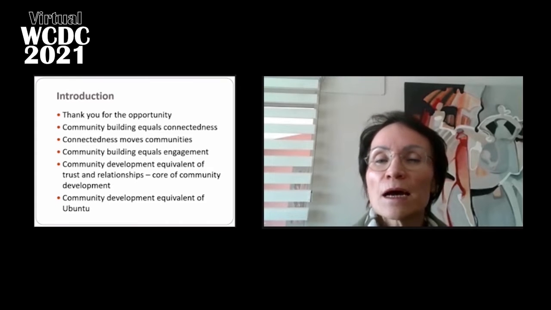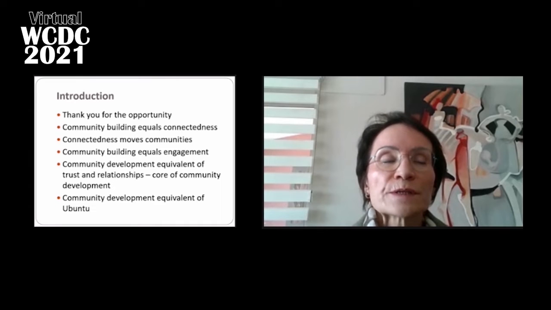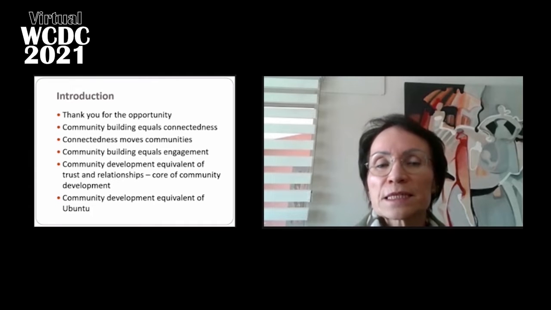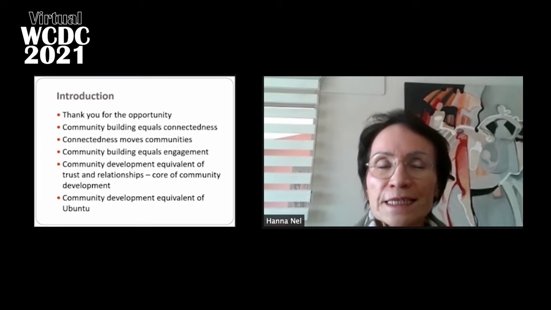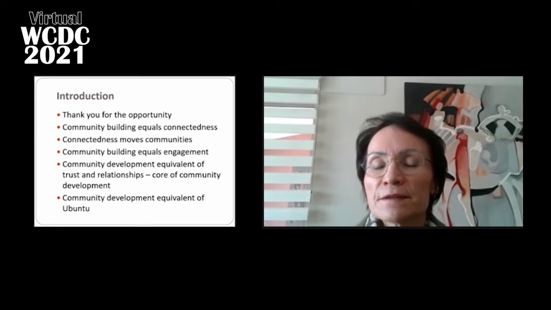I did some research on connectedness and relationships within the context of community development. I came to the conclusion that there are 4 qualities of successful community development. The first is assets, strengths, and capabilities.